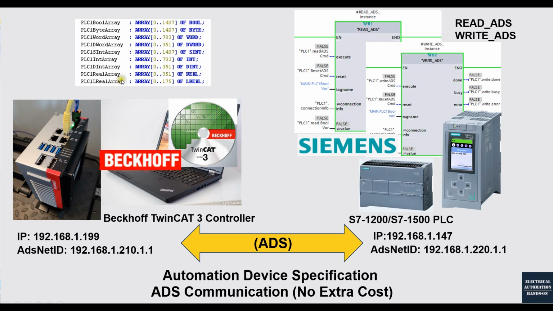Literally, you just declare the variables, prepare all the required variables there, and it could be an array or single variables, bool or integers. And you can set this up without any actual cost. You do not have to purchase any software for this ADS communication. It's fully free, and you just need to download the example from Siemens.